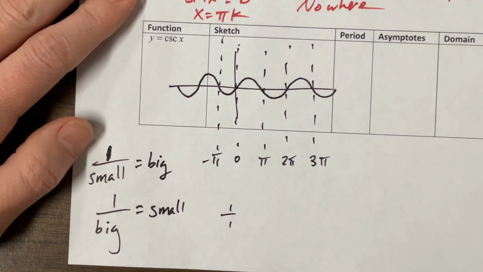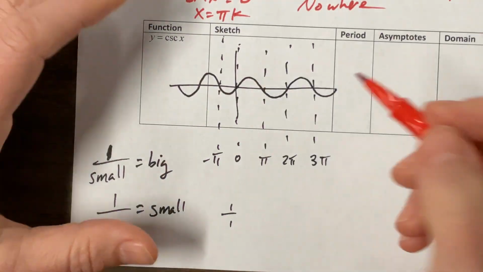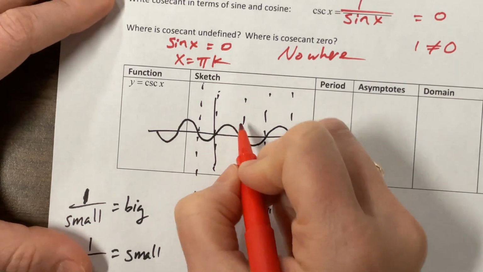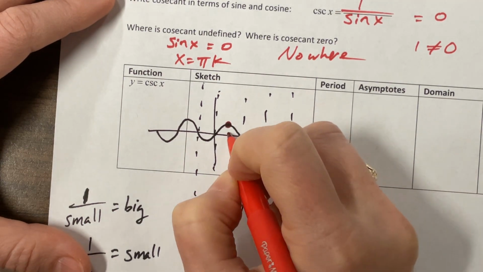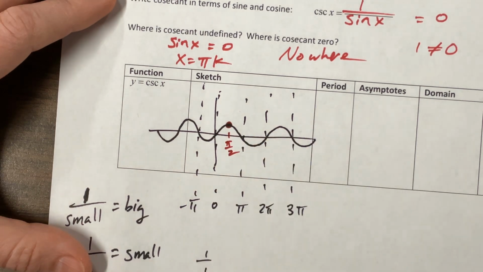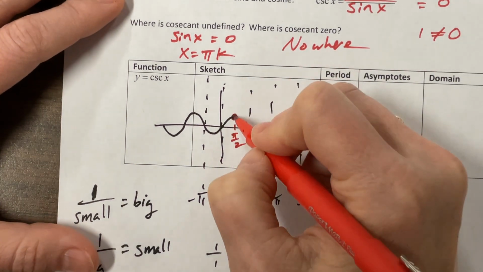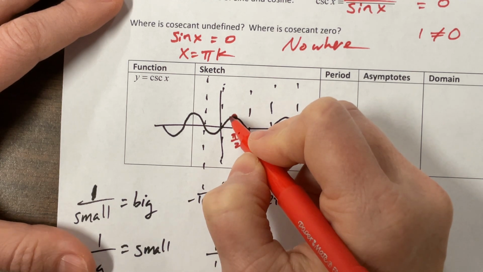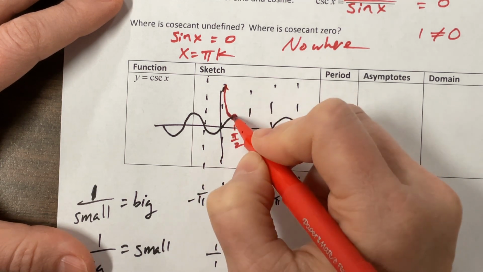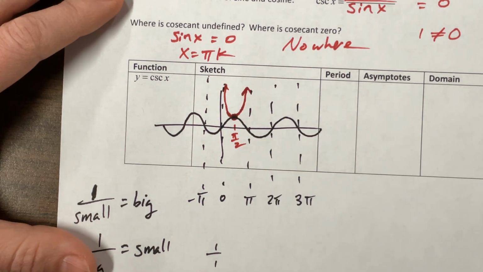It's 1. Okay, and so I'm going to graph cosecant in red. So here at pi over 2, it has an output value of 1. And so as the sine gets smaller and smaller, cosecant gets bigger and bigger. And so it's going to do something like that.